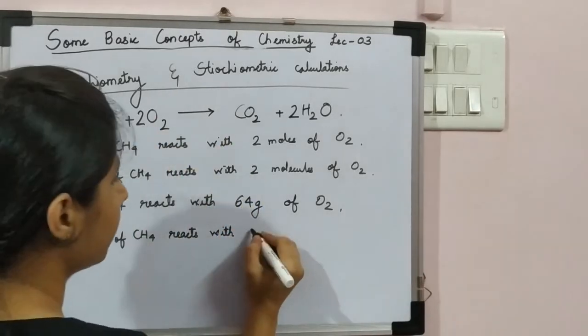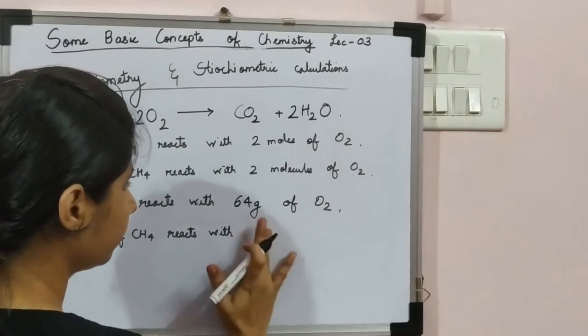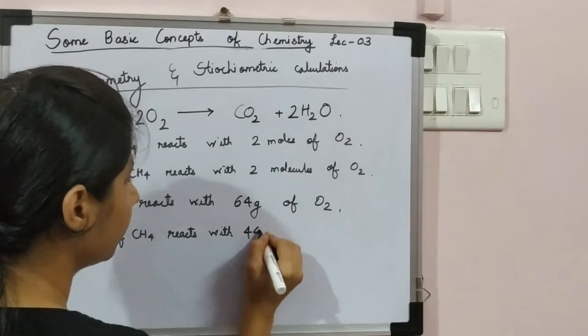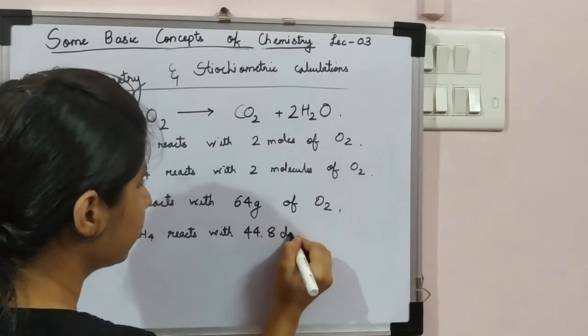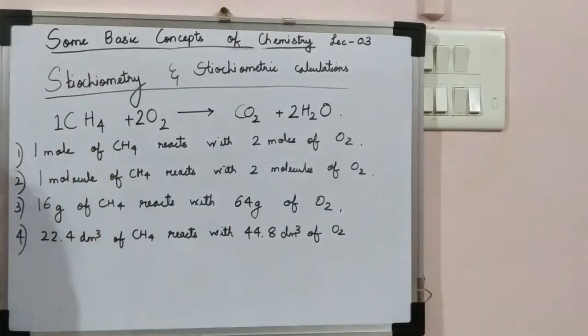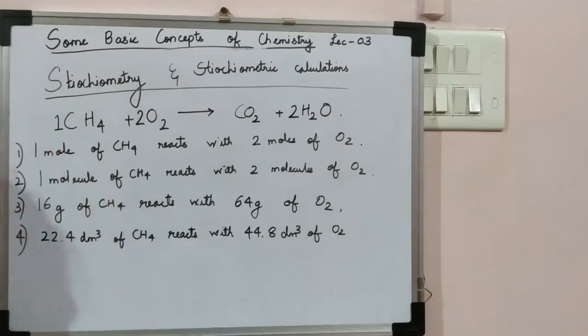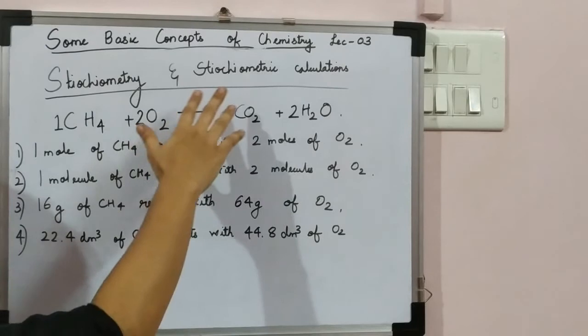So this becomes 44.8 decimeter cube of oxygen. Okay, so these are the various ways in which we can relate the two reactants: in terms of volume, in terms of weight, in terms of molecules, in terms of moles. So this is what stoichiometric calculations help with.